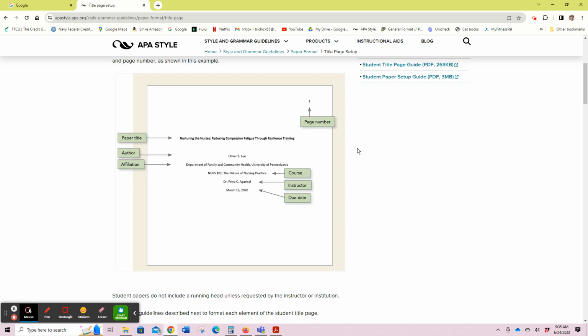The thing about academic writing is we want to keep the same format every single time, because people are looking for information. They don't want to have to sift through a paper and say, okay, where is this? So be sure that you format according to APA every single time.